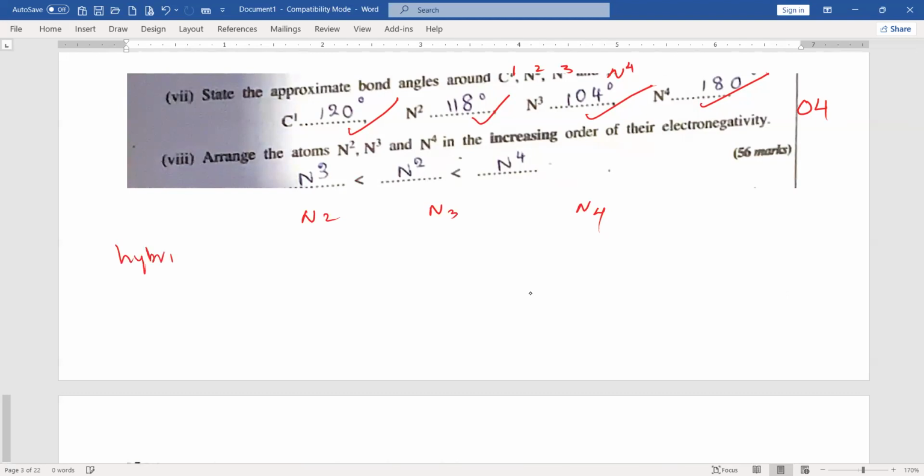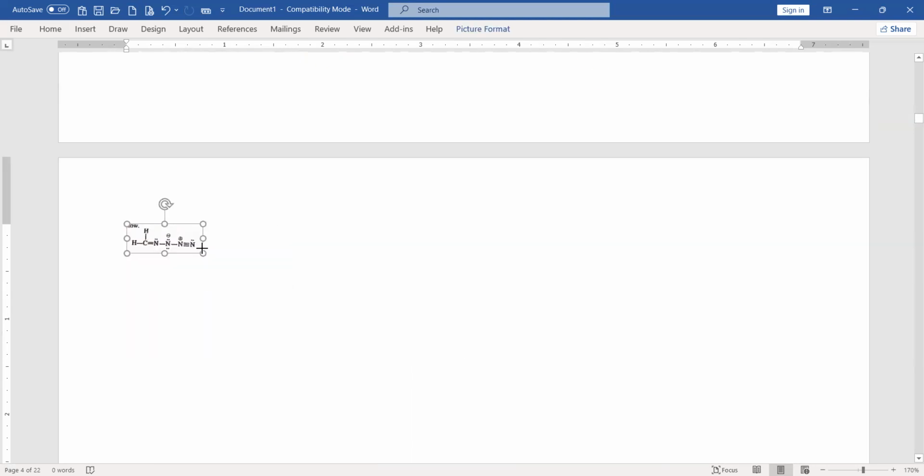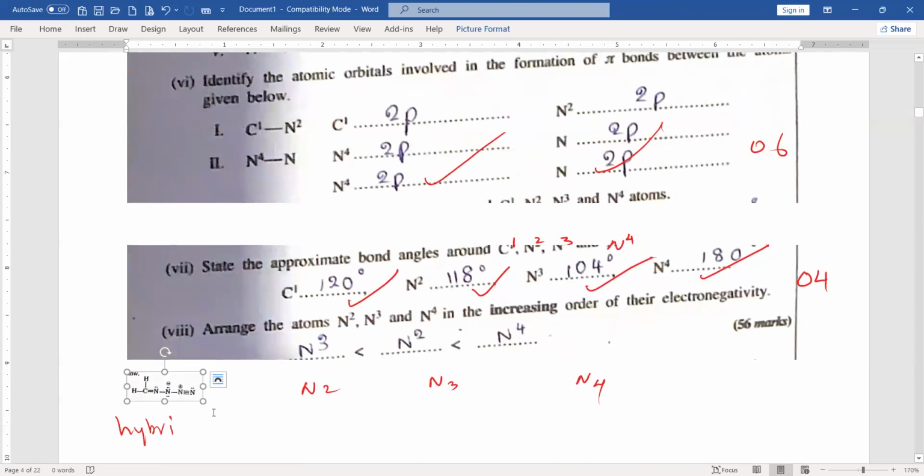Hybridization of N2 is sp2. And N3 is sp3.